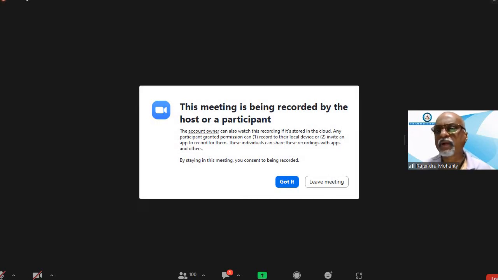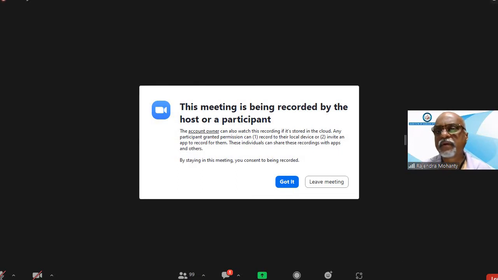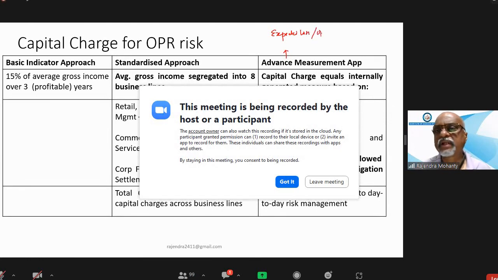So here normally what is the calculation? Calculation is to find out what is the expected loss under operational risk. So basically the approach says that you have to find what might be the maximum potential expected loss under operational risk.